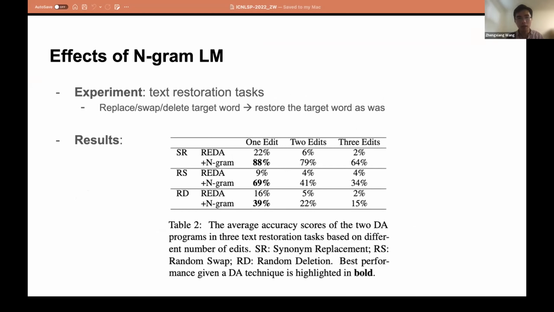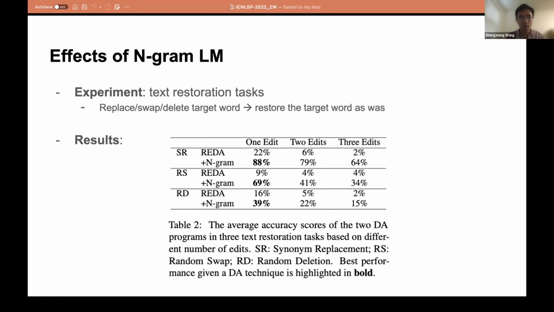I performed some text editing on 10,000 examples, and then applied synonym replacement, random swap, and random deletion with these two programs, REDA and then REDA augmented with the n-gram model. And it turned out that the augmentation with the n-gram model outperforms the one without the n-gram model.